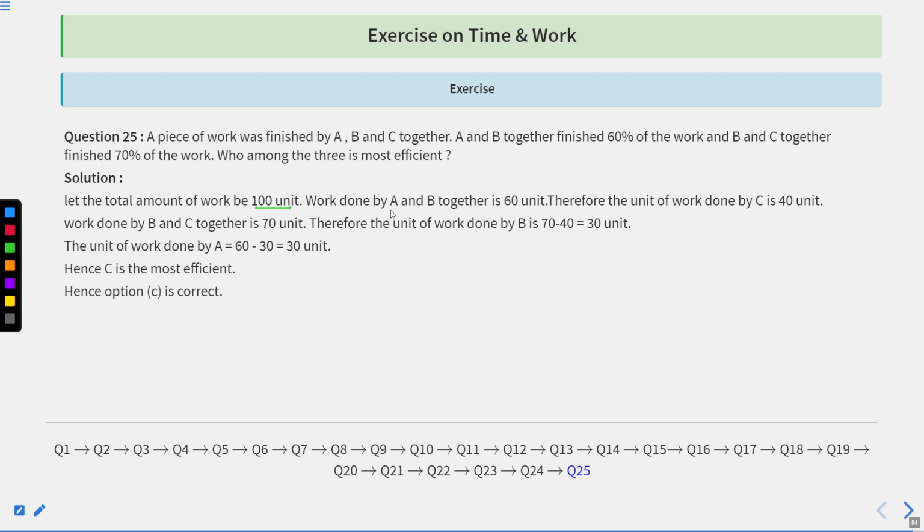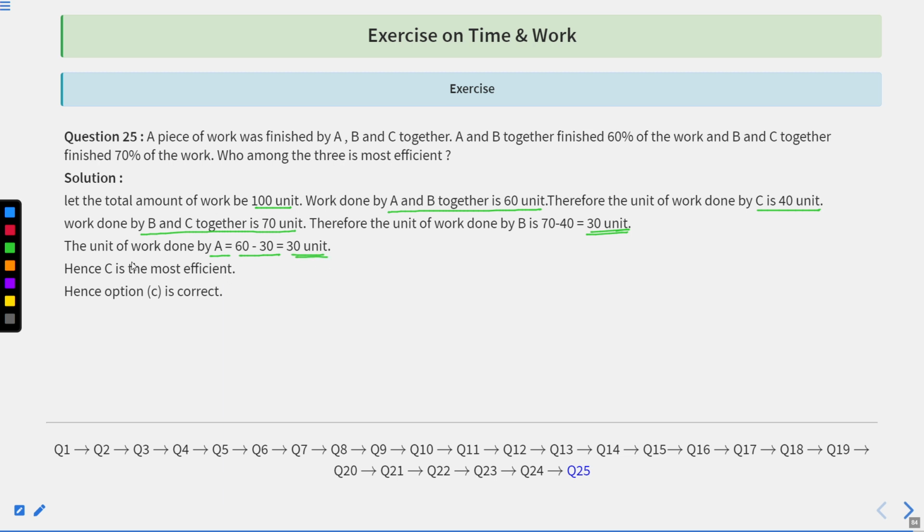Work done by A and B together is 60 units. Therefore, the work done by C is 40 units, and the work done by B and C together is 70 units. Therefore, the work done by B is 70 minus 40, that is 30 units. The work done by A is 60 minus 30, that is 30 units.